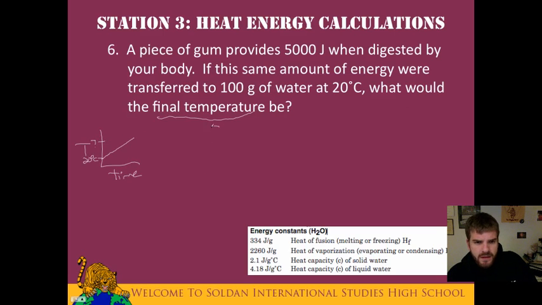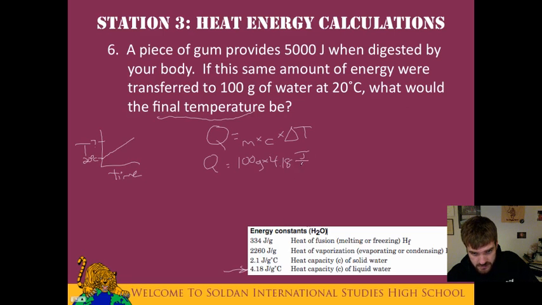Okay. Q equals M times C times delta T. Our mass is 100 grams. Our energy constant is, the water's at 20, so it's going to be a liquid. So it's 4.18 joules per gram degrees Celsius.